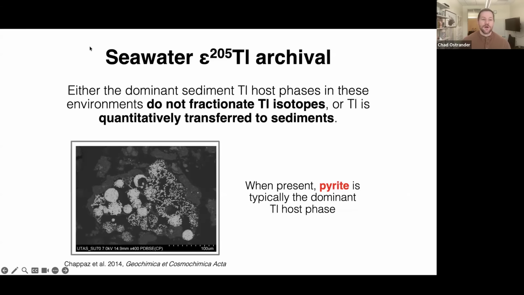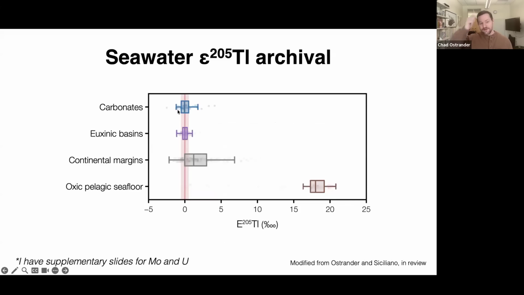So perhaps near quantitative transfer of thallium from the water column to sediments leads to the direct capture of those values. It's really hard to tell which one of these processes is happening for thallium isotopes. I tend to lean towards the idea, based on the data I've seen and generated, that pyrite tends to not drive really large fractionations. But again, this is something we're still trying to figure out. The carbonates are really hard to figure out because the contents are so low.